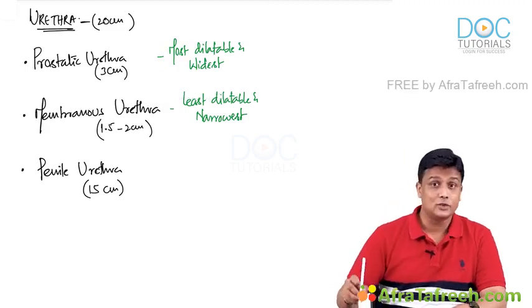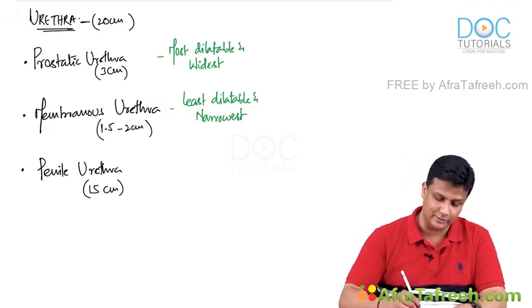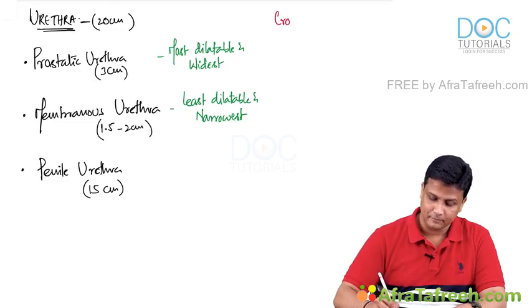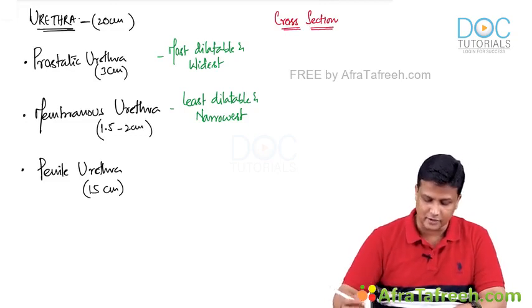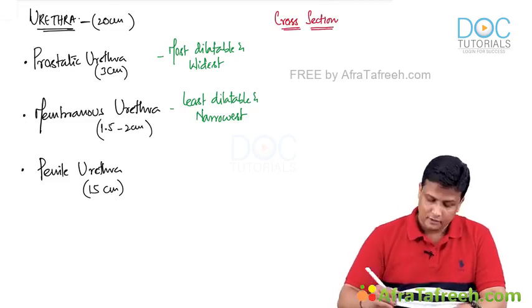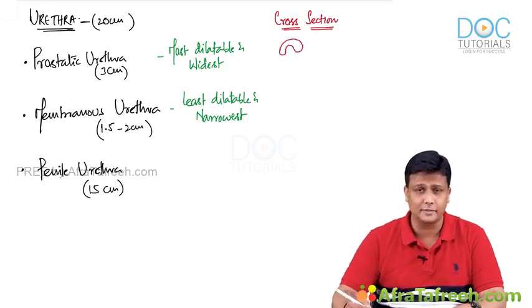Then after that, we need to see about the cross sections. That is important. How these are appearing in the cross sections now. Remember the cross sections of the prostatic urethra, membranous and penile urethra. Let's see all of them. Prostatic urethra in the cross section will be horseshoe shaped, or we can say semilunar.